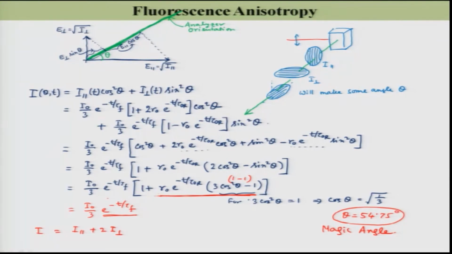But if you are interested in the time scale which is comparable with the tau r, then your decay will be distorted, right. For example, suppose you have a fluorophore whose lifetime is 1 microsecond. So, you are going to measure this decay from 0 to let us say 5 microsecond.